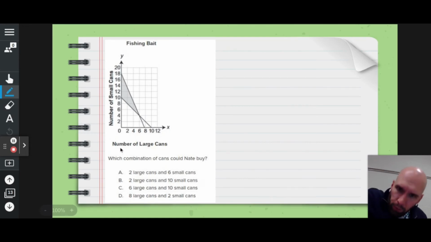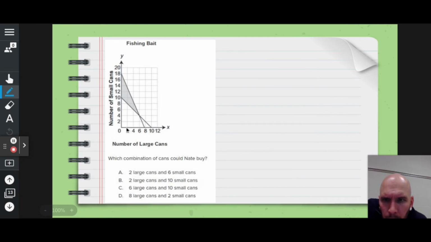All right, the fun stuff, word problems. Which combination of cans could Nate buy? All right, so I have myself a picture. I have shading here. So I guess fishing bait, number of small cans, number of large cans. Anything in this shaded area would be a possible combination.